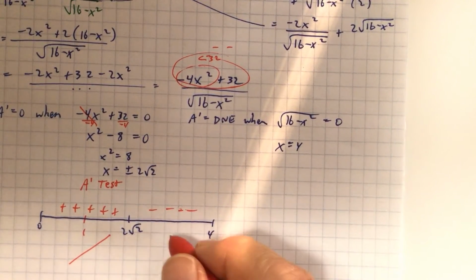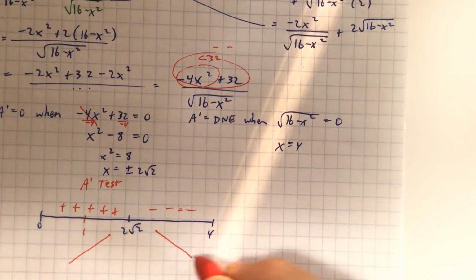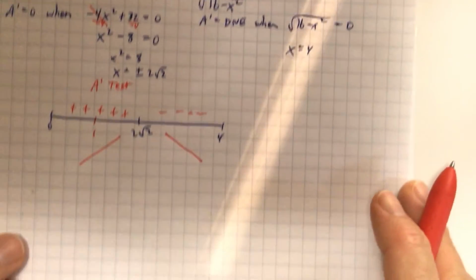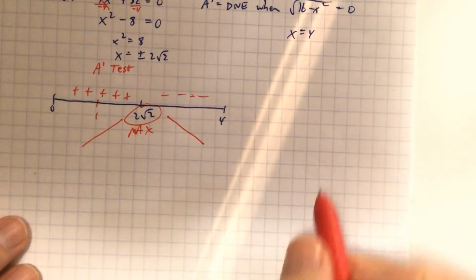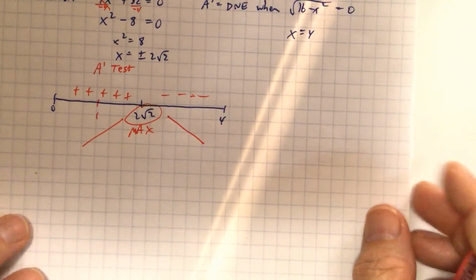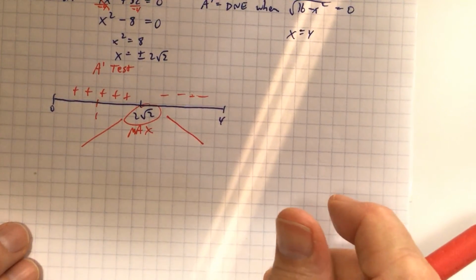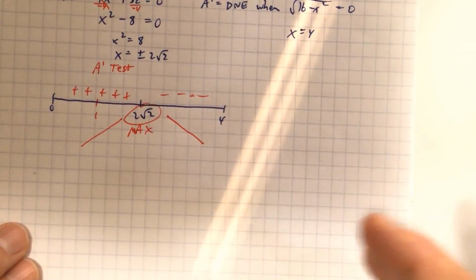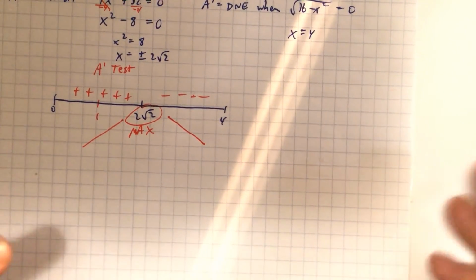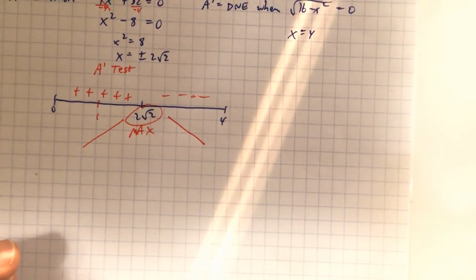So A prime is positive, that means that A is increasing, and then A prime is negative, therefore A is decreasing. And so therefore, we have a max. And so when x is equal to 2 radical 2, the area of the rectangle is at a maximum value. What is the area? That's the next step, well, answer the question.